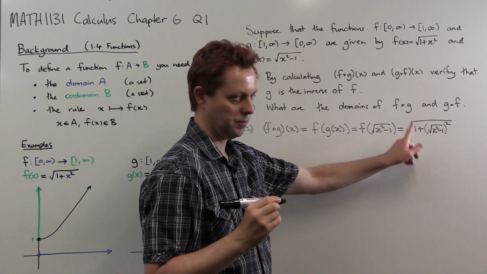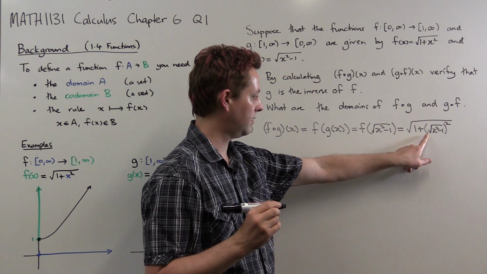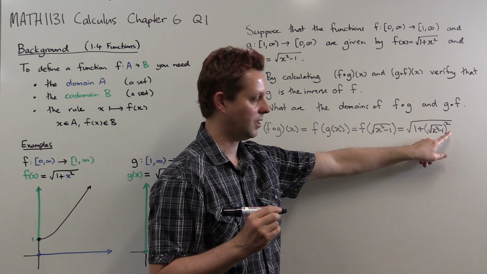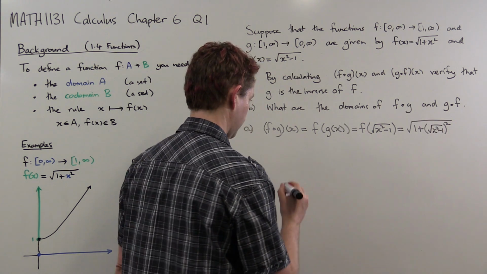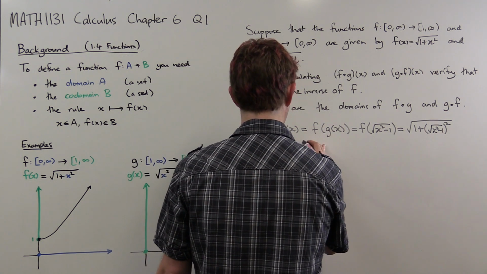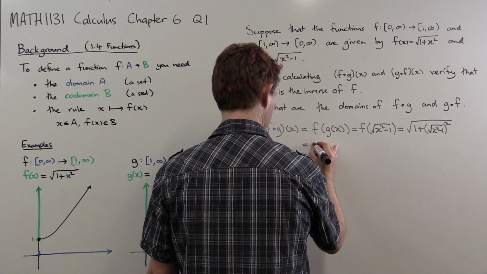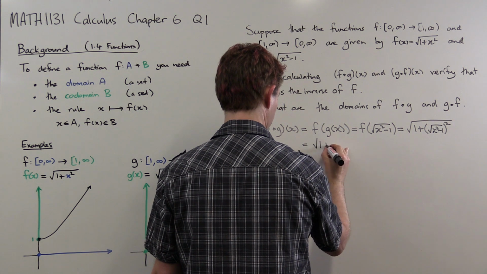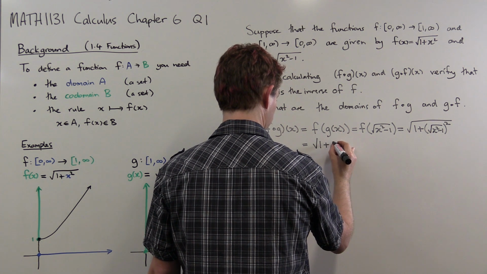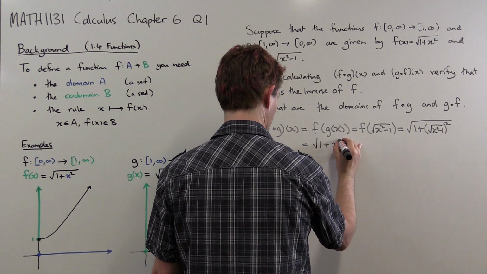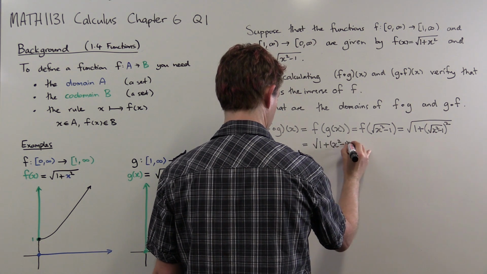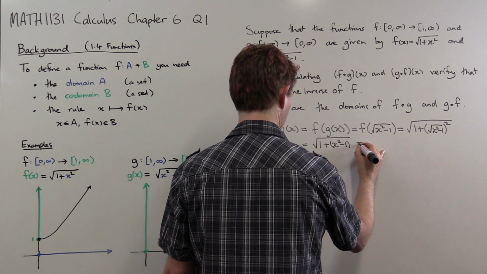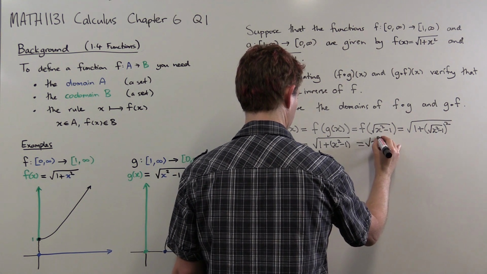And now we need to just simplify this, and if you take the square root of something and then square it, you just get back what you started with. So let's just carry on over here. This is the square root of 1 plus x squared minus 1, which is the square root of x squared.